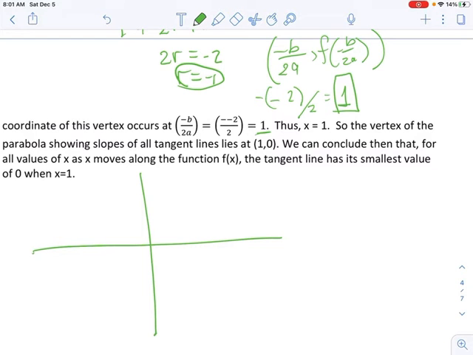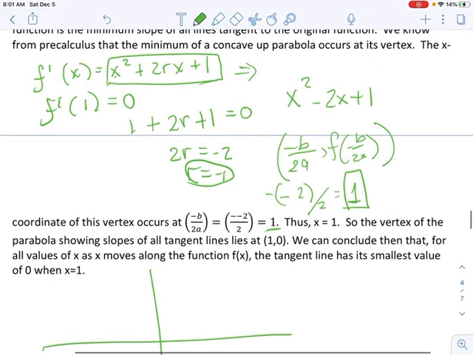When we put 1 into this equation here, we get 0. So the vertex of the derivative is at (1, 0). So it's going to look something like that. Now that's the derivative function.